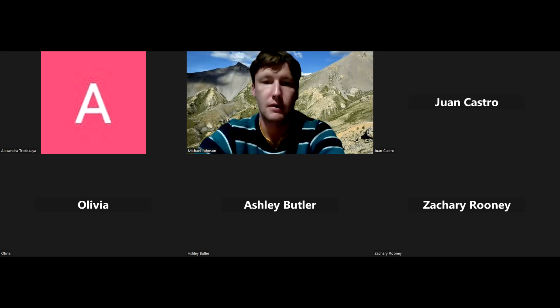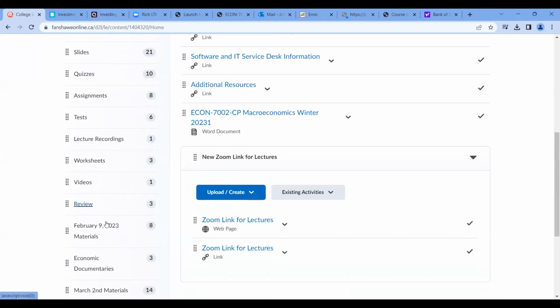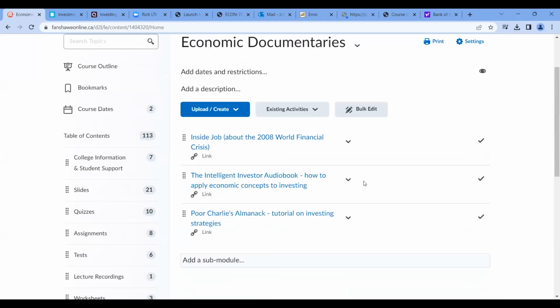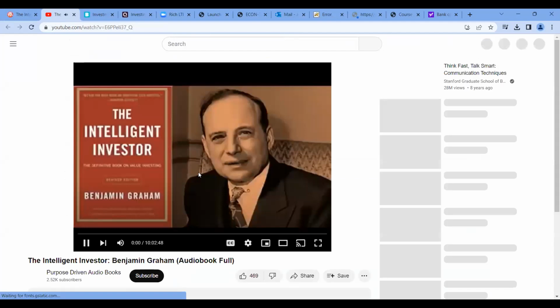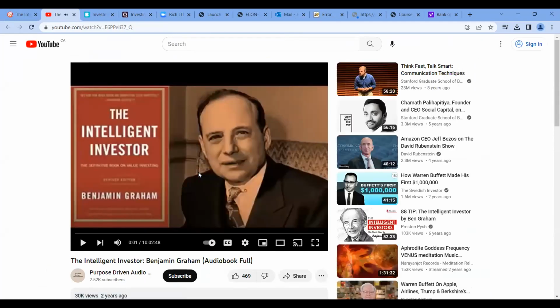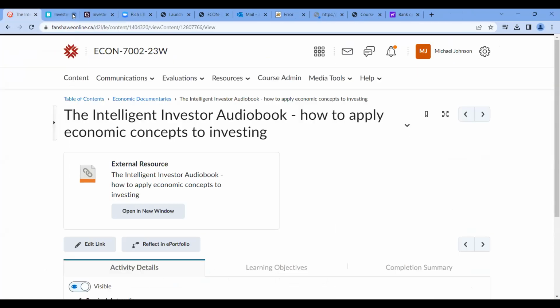So I recommend for further investing support, go to economic documentaries under our course and go to the Intelligent Investor audiobook. So I recommend listening to this. A lot of the ideas that I talked about are from this book. It's a great book. In this audiobook, it goes through it all. So I recommend that, The Intelligent Investor by Benjamin Graham.